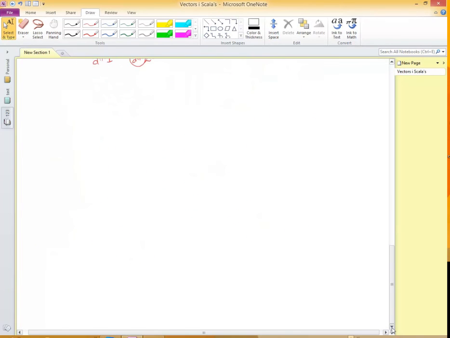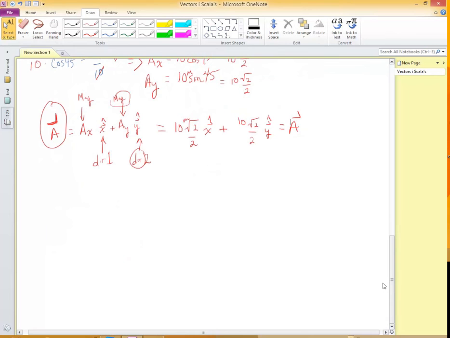What if I just said that there was some dude, and I told that dude to walk in the y direction for 10 times square root of 2 over 2 meters, and then I told him to turn right and walk in the x direction, that same distance, 10 square root of 2 over 2.